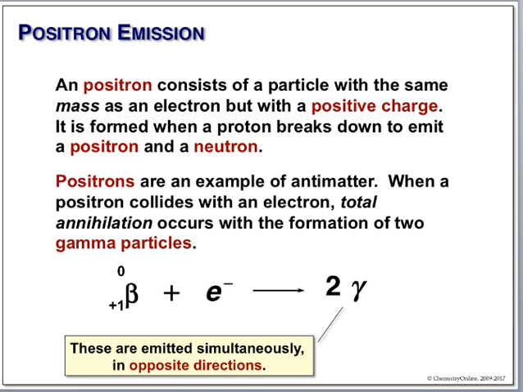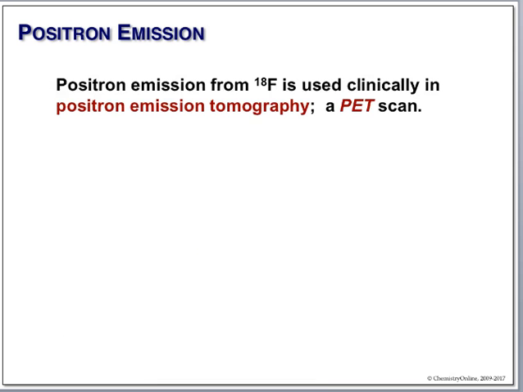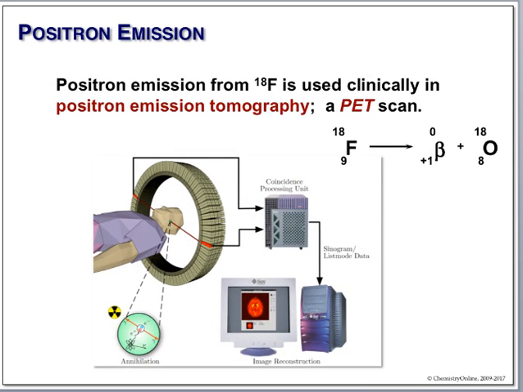Now this might sound a little esoteric, but this is how you do a PET scan. Turns out that fluorine-18 ejects a positron. And as it does, the gamma rays are ejected in opposite directions from wherever they happen to hit an electron.